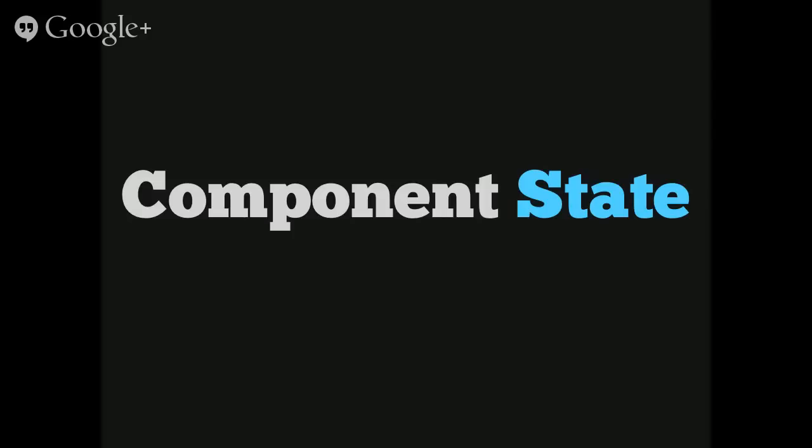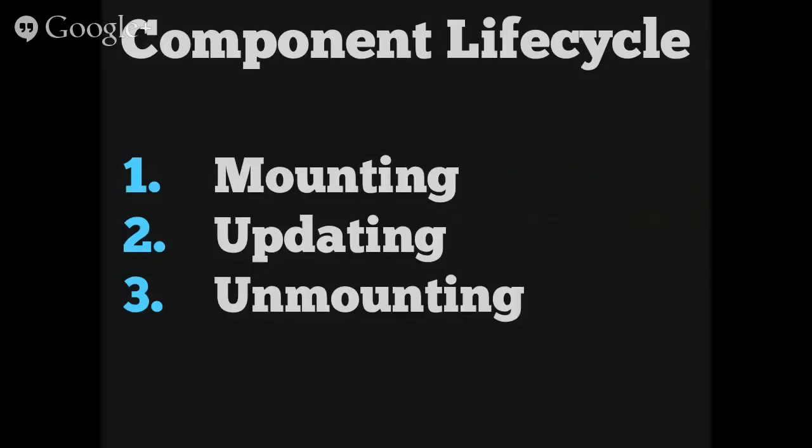So let's talk a little bit about the component lifecycle. There are three different phases that a component goes through: mounting, updating, and unmounting. In mounting, there are three functions that you can utilize to set up your component.